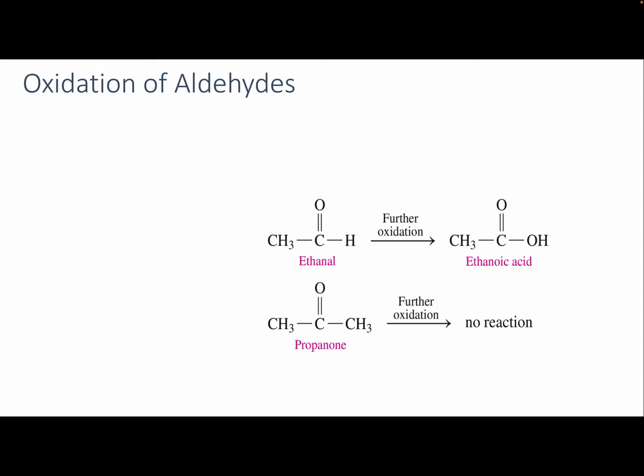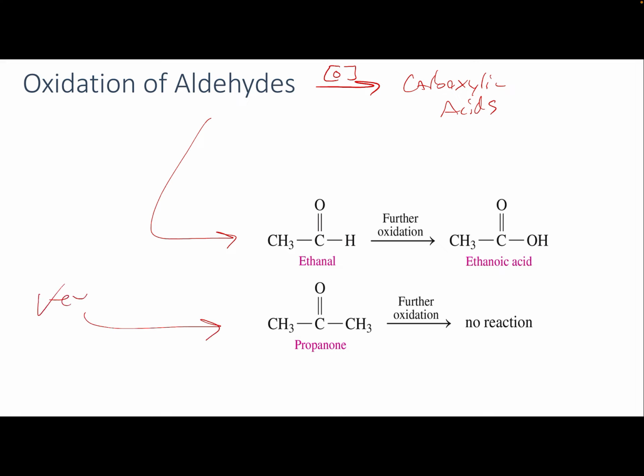So aldehydes oxidize readily to form carboxylic acids. Ketones, on the other hand, do not undergo oxidation. What I'm showing you here is an aldehyde, and here is a ketone. So these are examples of what those formulas will look like.